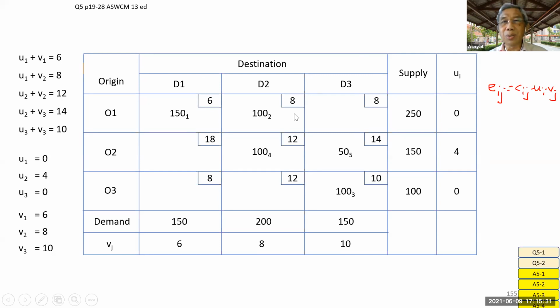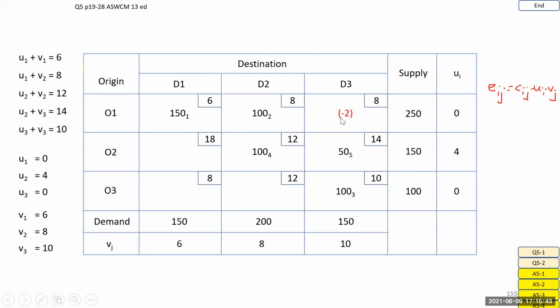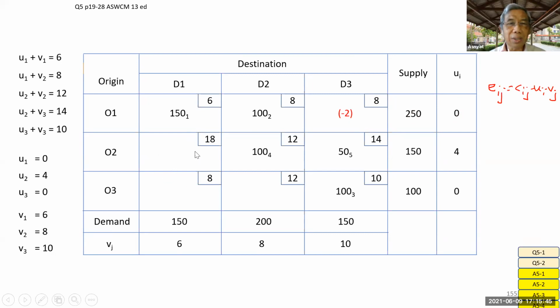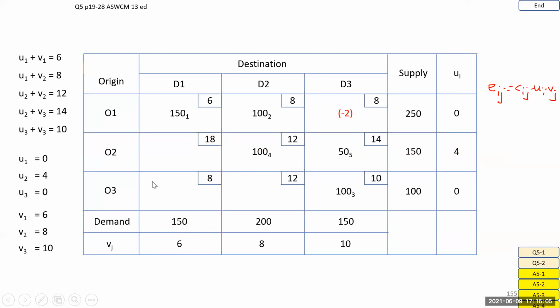Now just do mental arithmetic. 8 minus 0 minus 10. What do you get? -2. Look at the next unused route, or non-basic cell: C row 2, column 1, 18 minus U2 minus V1, 18 minus 4 minus 6, 8.